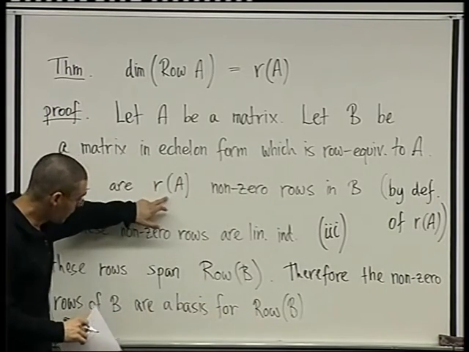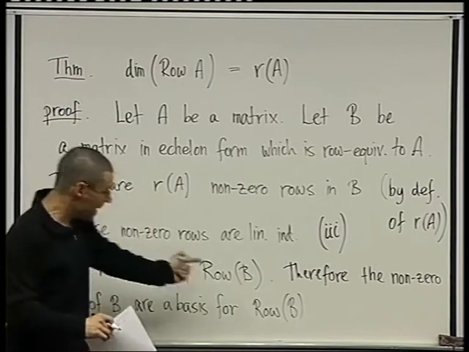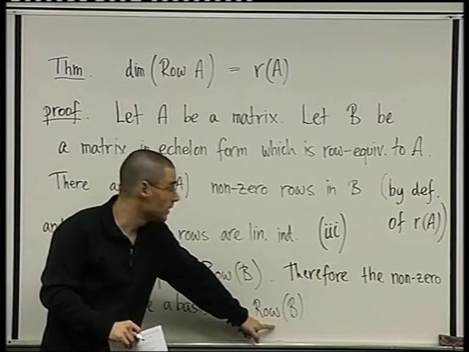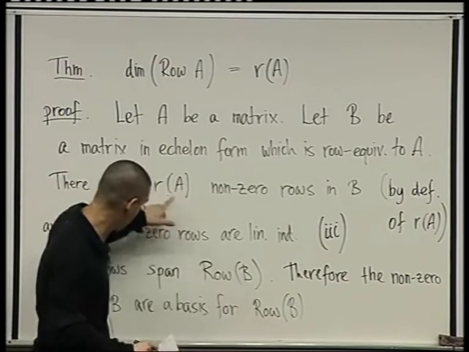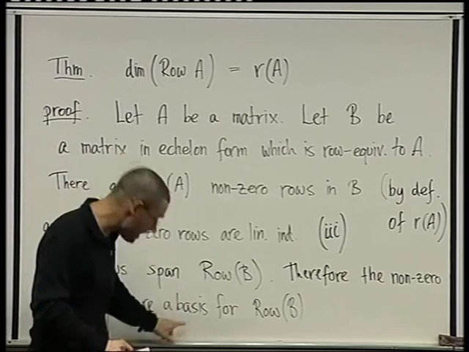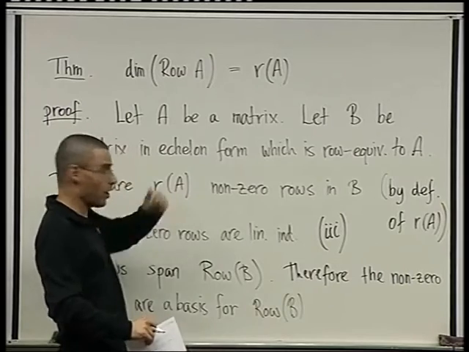And we just said that there are R of A many of them, so the dimension of row of B is R of A. Because this is a basis, there are R of A elements in a basis for row of B. Therefore, the dimension of row of B is R of A.